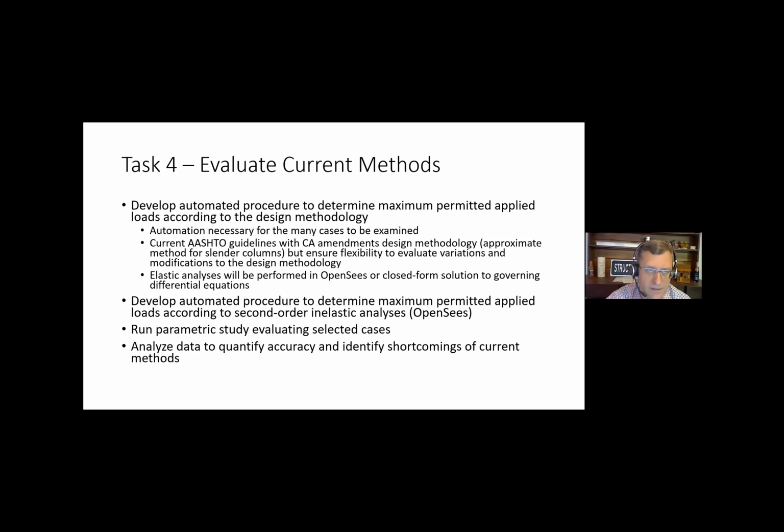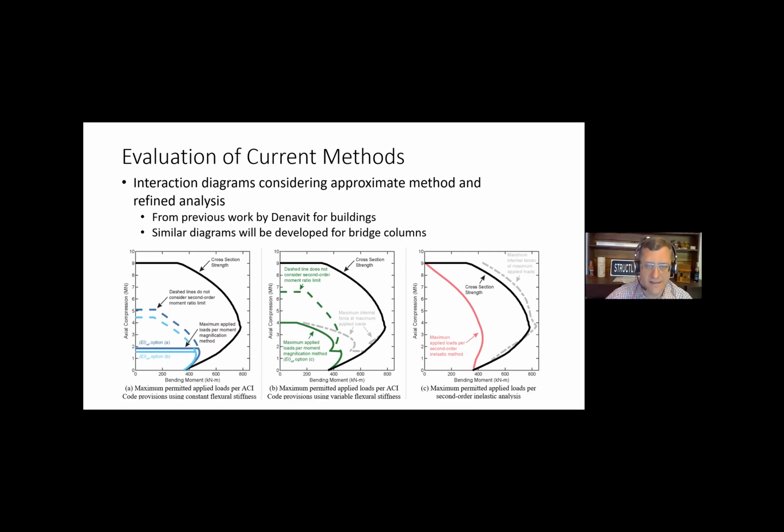Okay, so what are we going to get out of this? One such thing, this is some work Mark has done from the buildings world, but we'll develop similar interaction diagrams for columns. This is from ACI, of course, from the buildings world, but we'll develop something similar based on AASHTO guidelines.